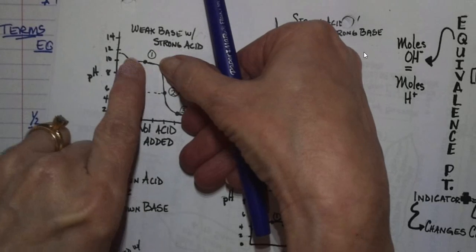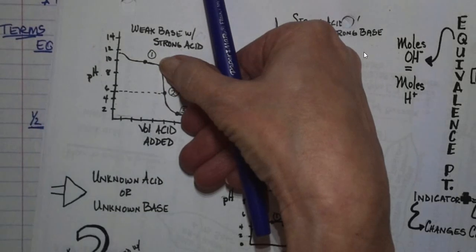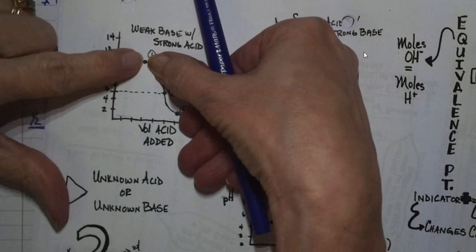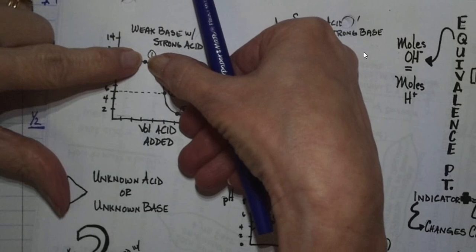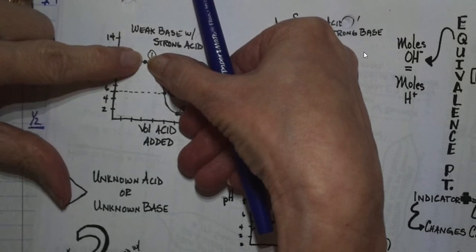And we can get something from that. At that point we can calculate pKb. Just like pH and pOH, pKa or pKb means the negative log of the Ka or Kb. So it means just inverse log of that if you want to do it that way. But anyway, we can find something from this number right here.